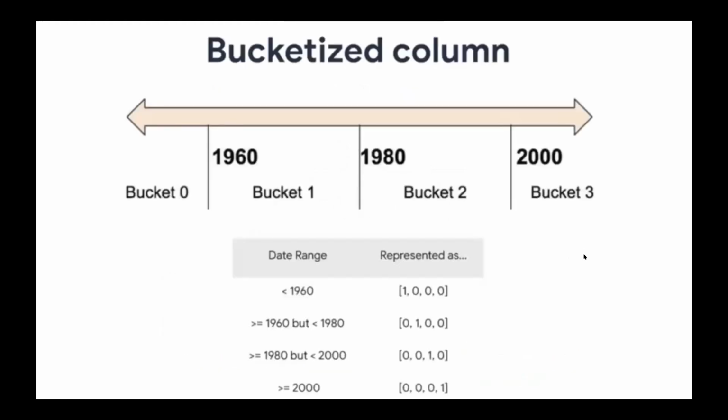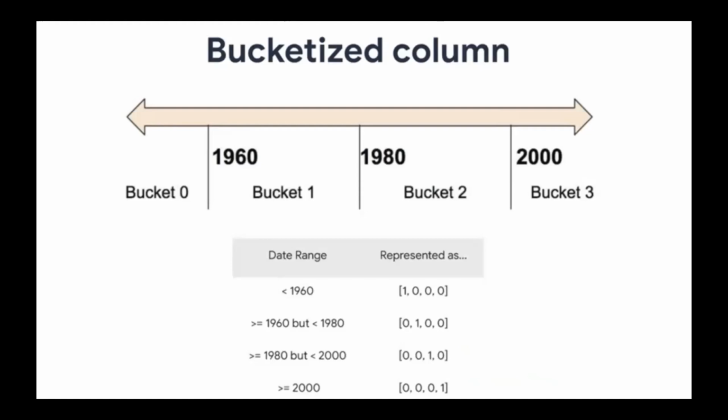The first one that we saw was the idea of a bucketized column. I captured some of the work that Lawrence put in his videos. If you've got a column that has a bunch of different years in it, instead of having the model have 100 or 200 years' worth of possible categories, we can throw those into buckets.